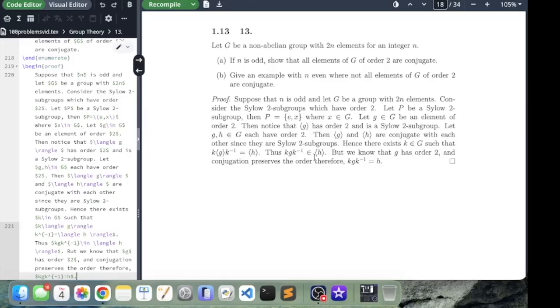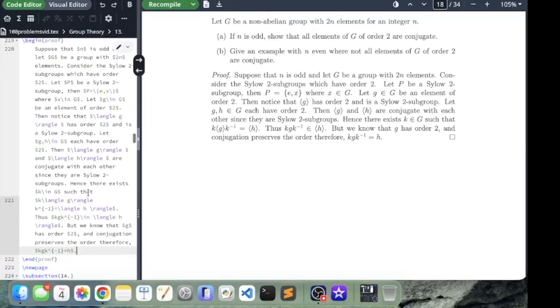It can't be the identity because the identity has order 1 and g has order 2, so it has to be h. So every element of G of order 2 is conjugate with each other. So we showed part A.